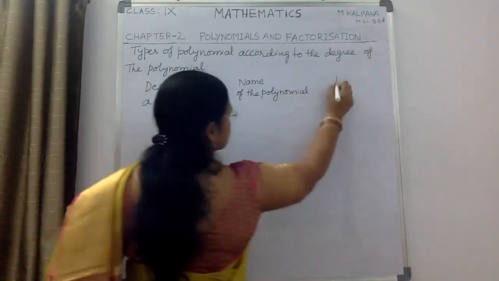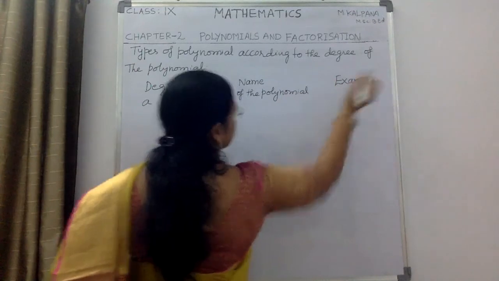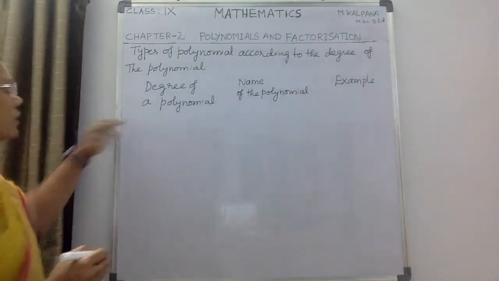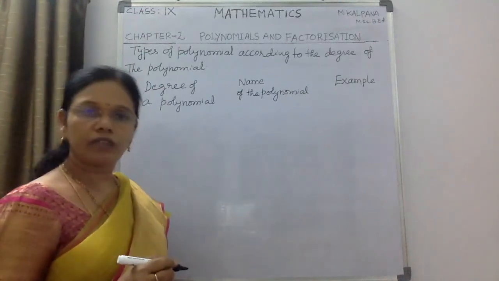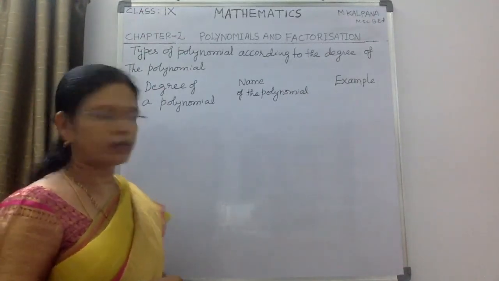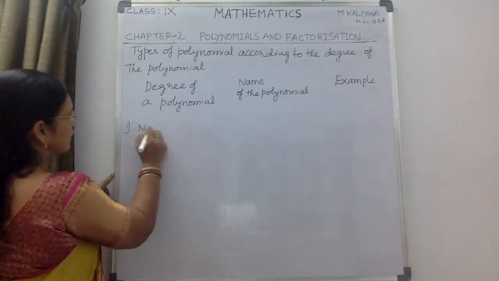And examples. You can give many examples for each. Okay. If we cannot define the degree of the polynomial, the degree is not defined. The first case is not defined.